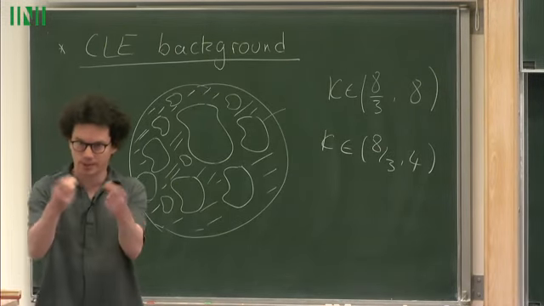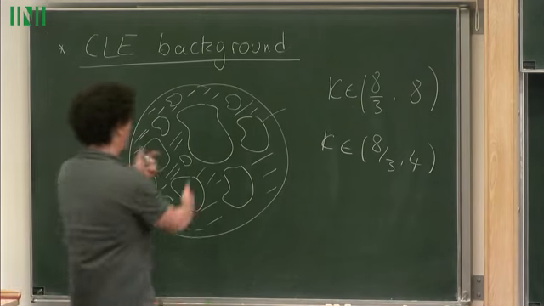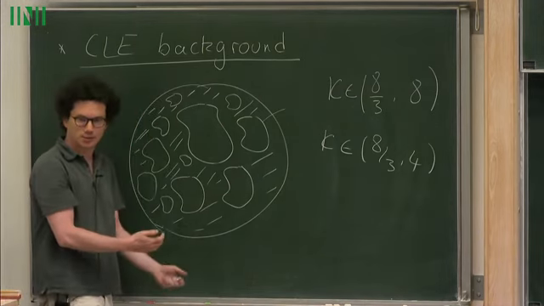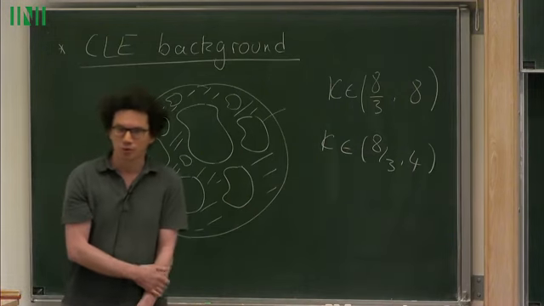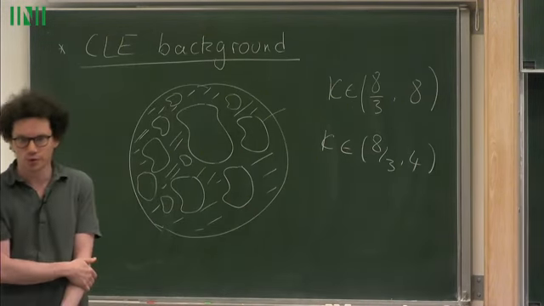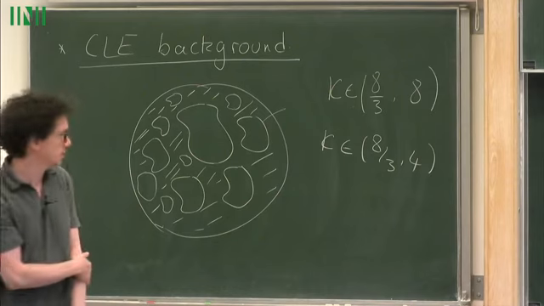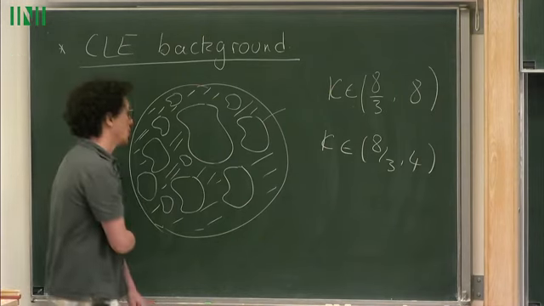Right, so it hasn't any pinch point. It's fairly fat, but still it's a fractal set, and we know lots of things about it. It's possible to compute its fractal dimension as a function of kappa, and things like that.